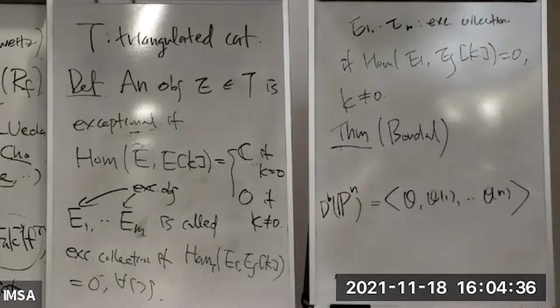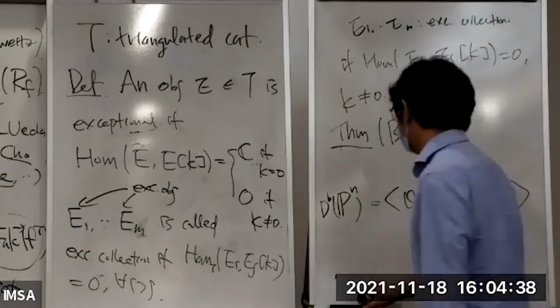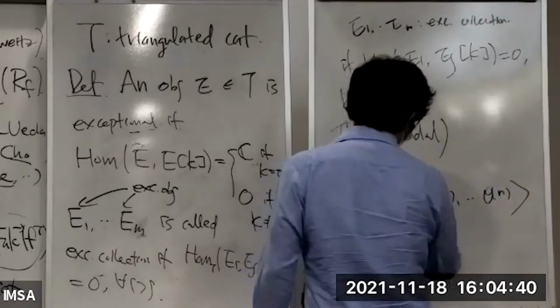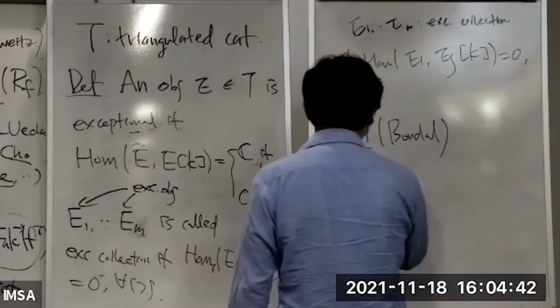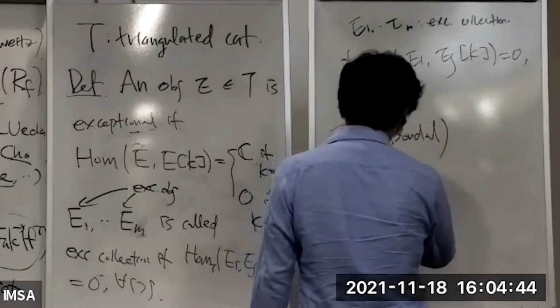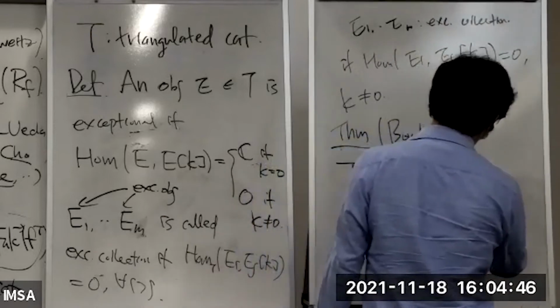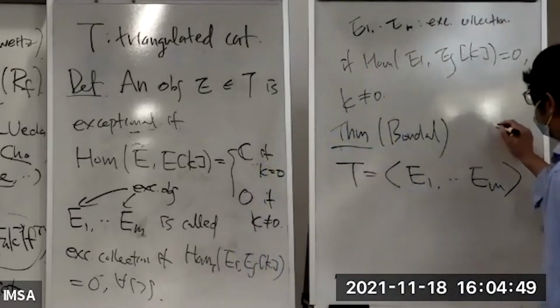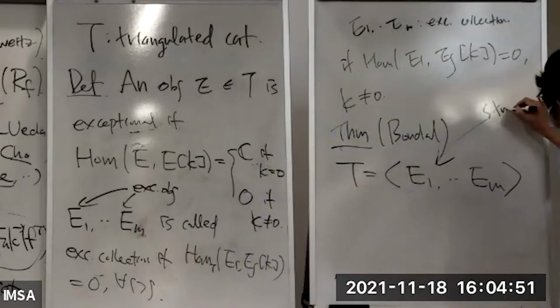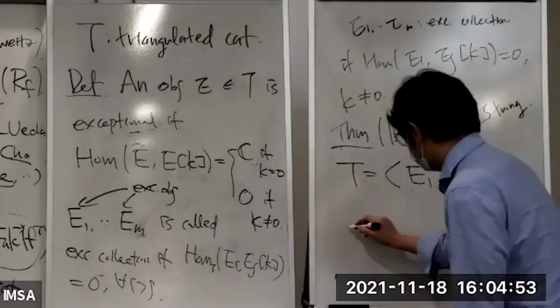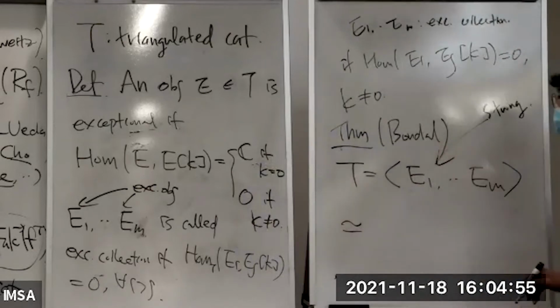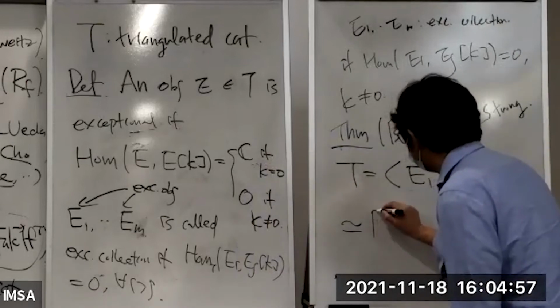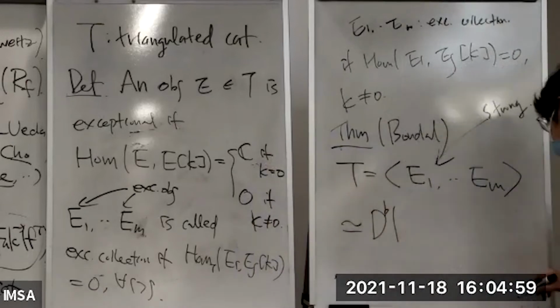Anyway, why am I saying this? Because suppose that my triangulated category is generated by this exceptional collection, and suppose that this is strong. Then there's a theorem by Honda that this can be identified as a quiver representation.